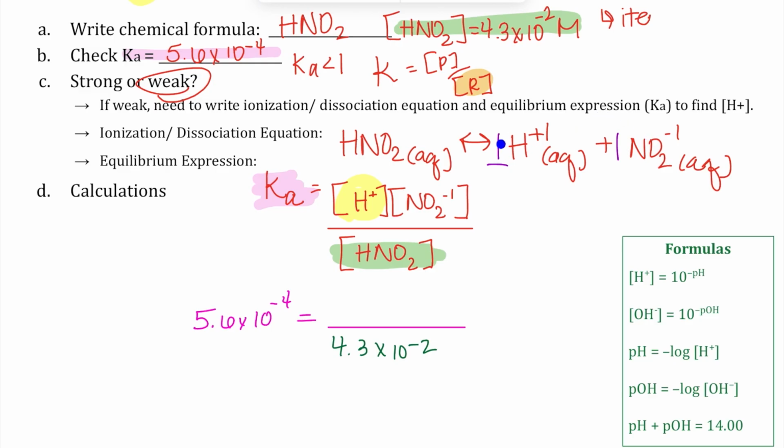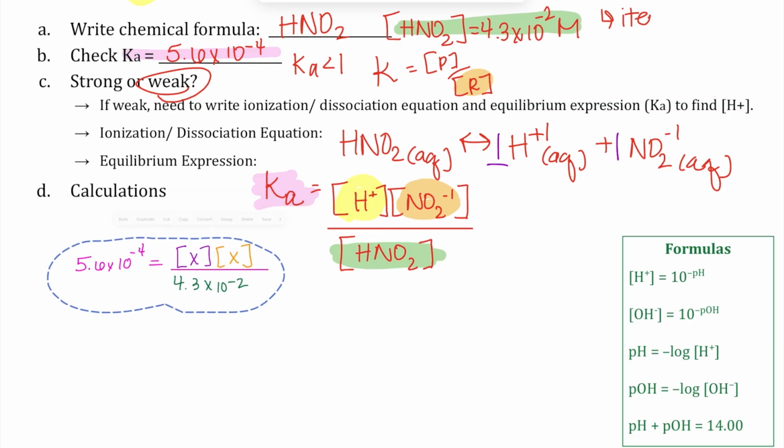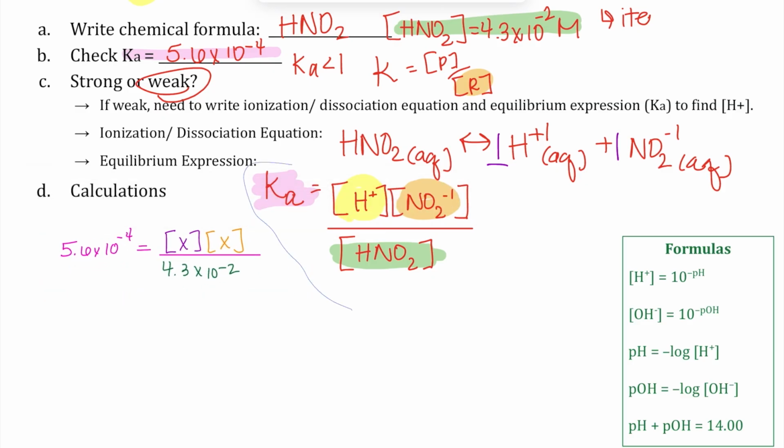Because these always dissociate only one H plus, the nice thing is that's always going to be the case, because then we can say, okay, this is 1X, and my NO2 is going to be another X. And so we get X squared from here's my 1X, here's another 1X, and now I have an equation that I can solve for that one variable that I have. So I'm going to go ahead and do that.